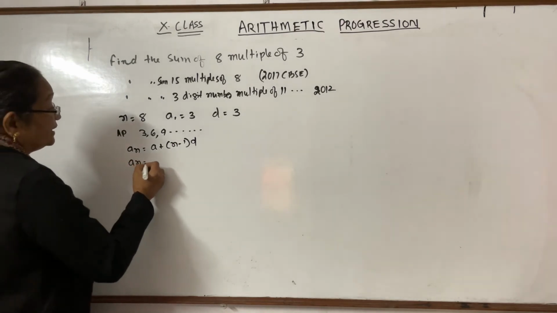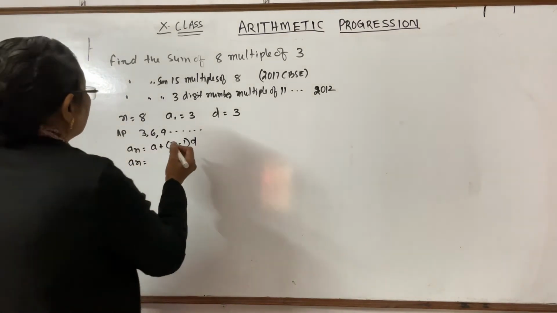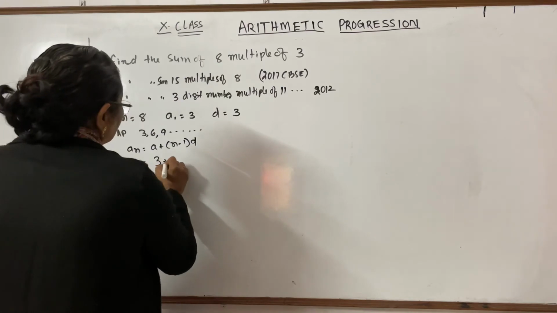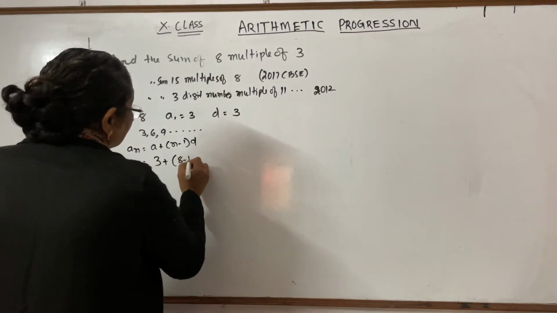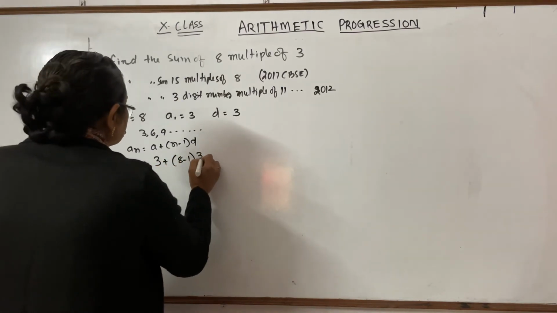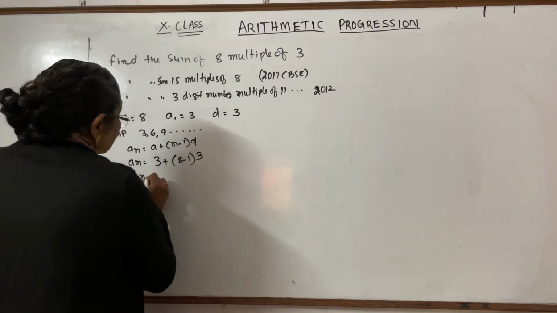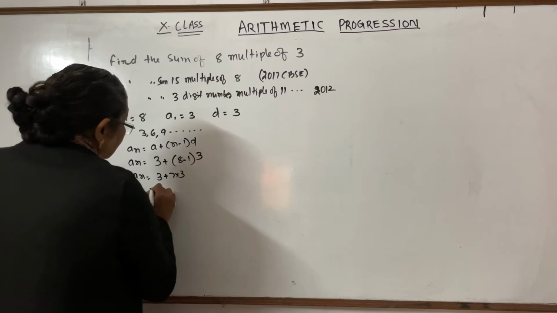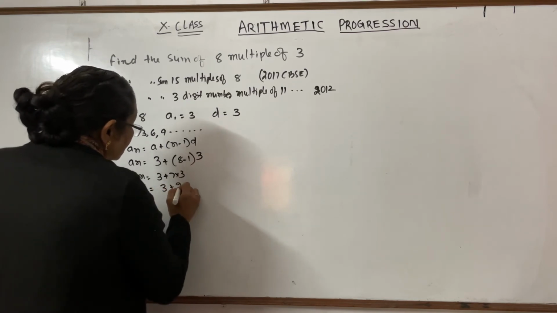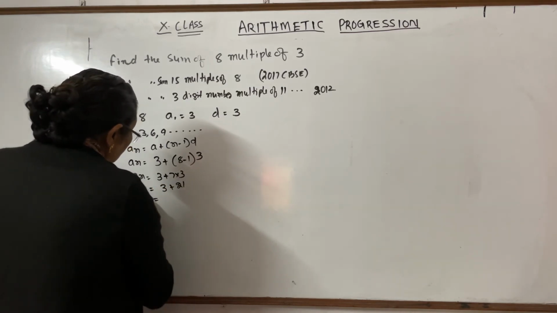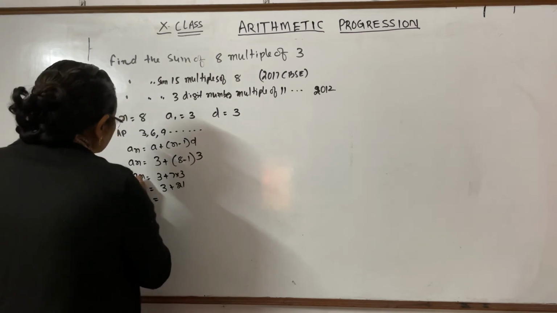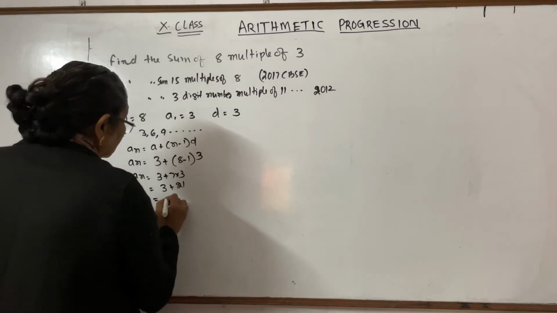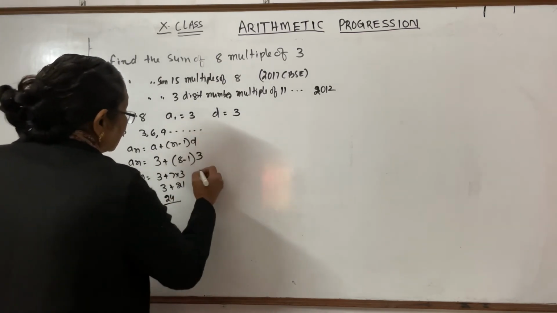A N equals A is 3 plus N is 8, 8 minus 1, into D is 3. That is 3 plus 7 into 3, equals 3 plus 21, that equals 24. Like that you can do.